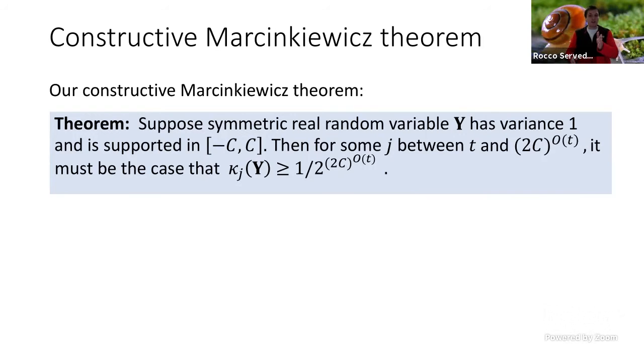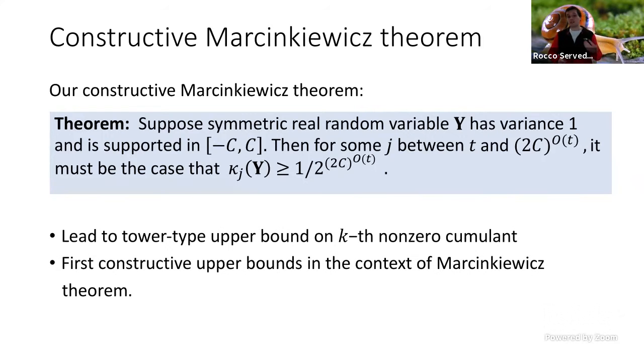So given any t, there's going to be some cumulant between the tth and 2c to the tth cumulant which is not only non-zero, but actually bounded away from zero by a doubly exponential function of t. So in principle, at least, this tells you that it's not the case that I can't say anything about how far up you have to go in order to get k non-zero cumulants.